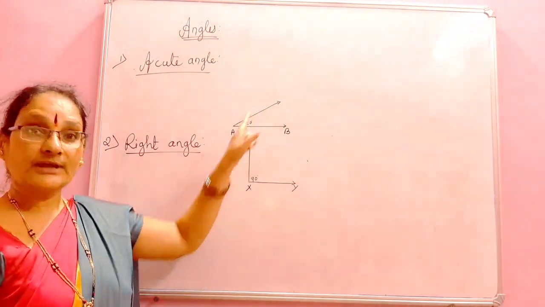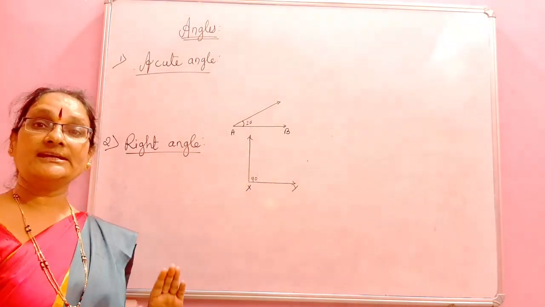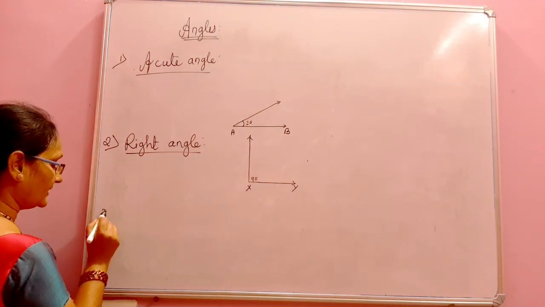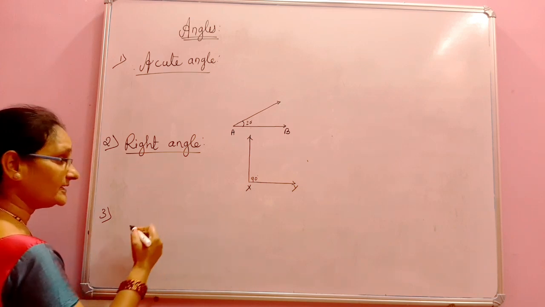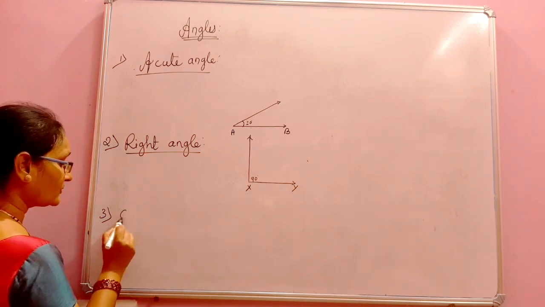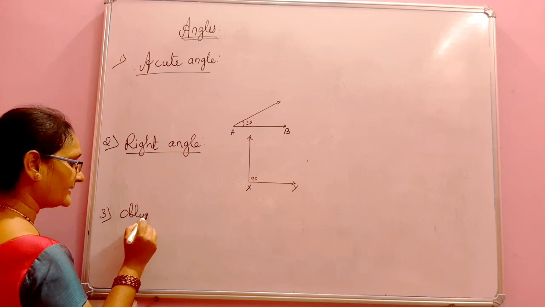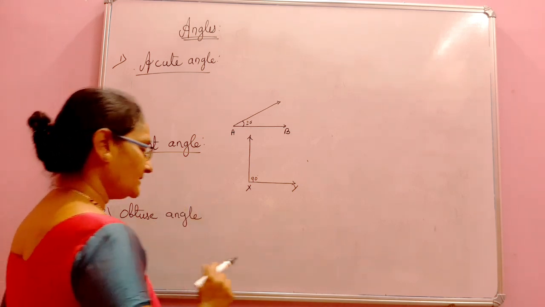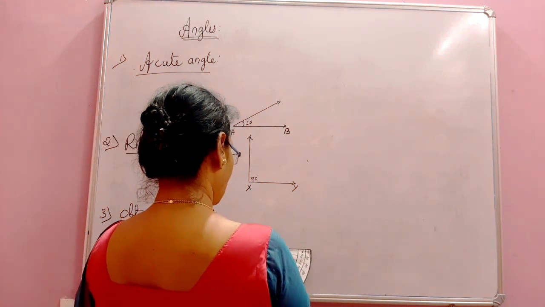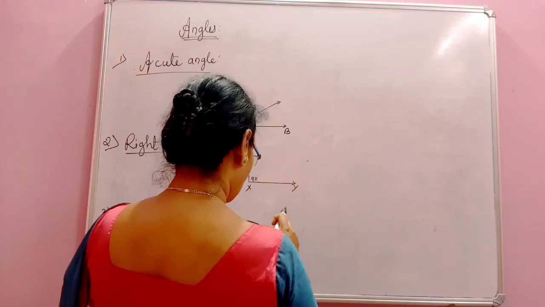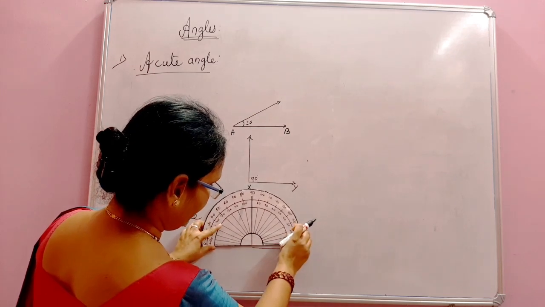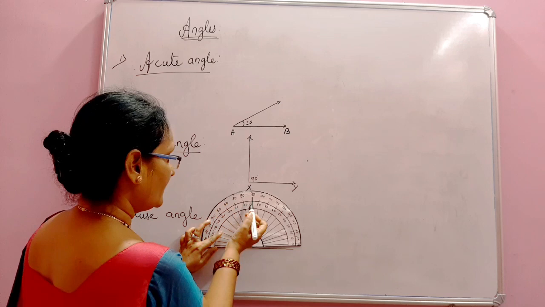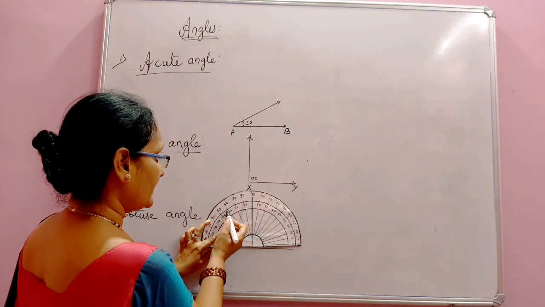This is an acute angle. If it is more than 90, what does it mean? That is an obtuse angle. If the angle is more than 90 and less than 180, it is called an obtuse angle. More than 90 means we take 90, 100, 110, 120.